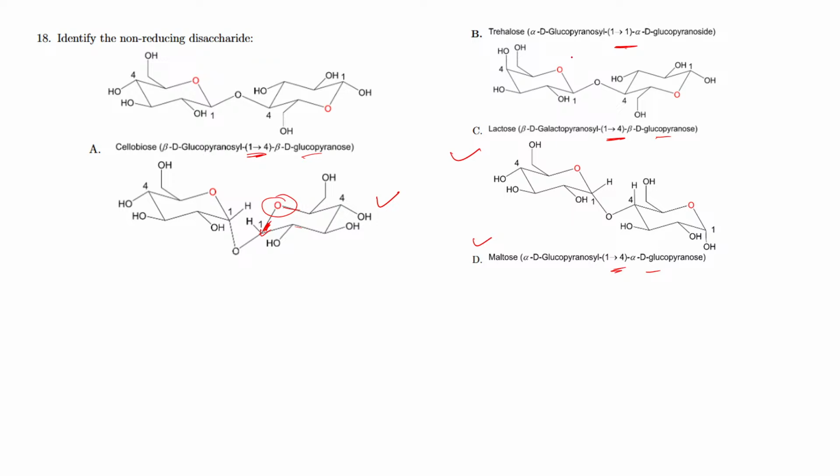But in case of the second one, both the anomeric positions are occupied in the bonding. You can see here 1 and 1 are involved in the glycosidic bonding. So there is no site to reduce the sugar. So this option is correct.